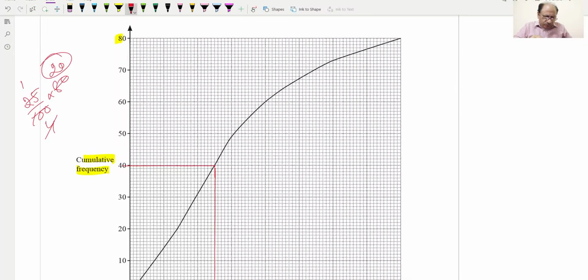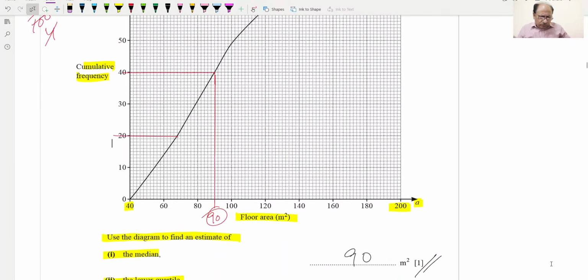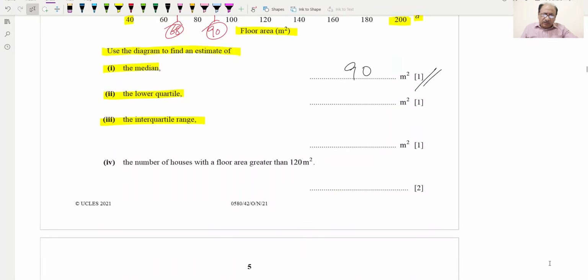So we will check for 20 as reference, and if we join 20 here, on the x-axis side this is the reference, which is basically 68, and our answer will be 68 for lower quartile.